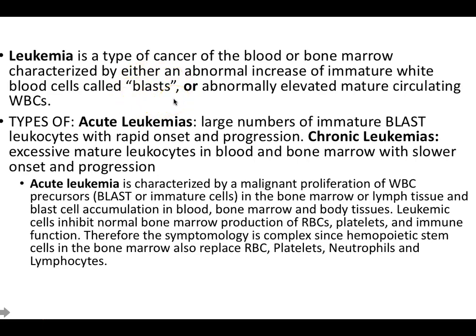They are immature blast cells that are released and obviously not functioning as mature cells. It's a very rapid onset and needs to be treated right away. Chronic leukemias are slow growing, but more importantly, it's mature leukocytes that, because of the malignancy, are excessive in the blood. They're crowding out all the other healthy cells.